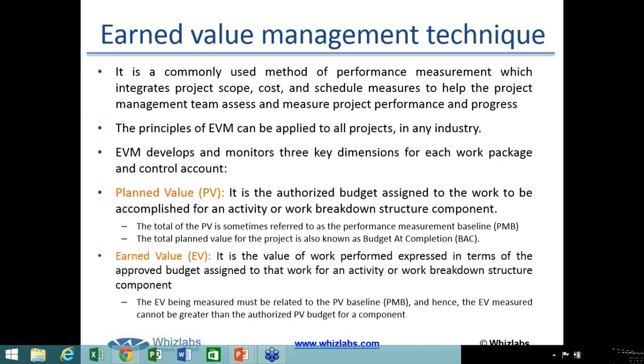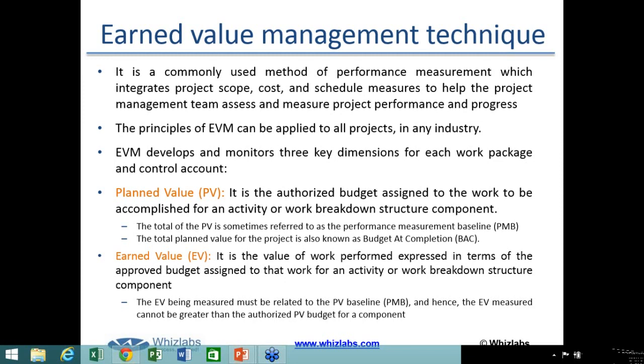Earned value means the amount of work which I actually did in a particular month. So each month I am supposed to perform work worth $1,000.